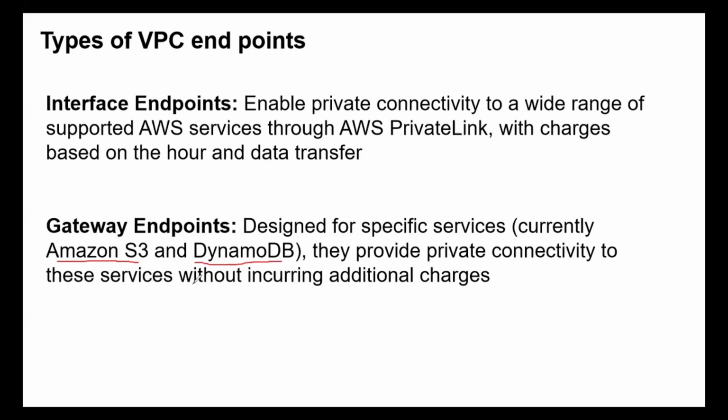But if you have a specific requirement where you need to communicate only with the S3 or a DynamoDB, in that case, you can go ahead and straight away spin up a gateway endpoint. And the advantage of the gateway endpoint is that it automatically sets up the routing table entries, whatever is needed for the instance inside a private subnet to talk to the S3 or the DynamoDB service. So the management of the gateway endpoint is comparatively easier than the interface endpoint.